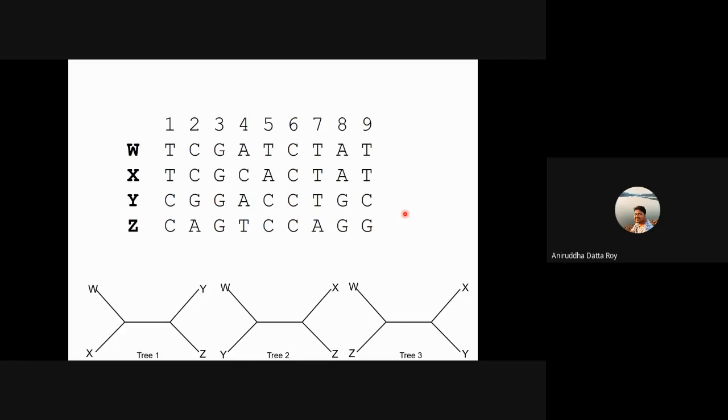So between yourselves, you can kind of segregate who takes which tree. And why don't you tell us how many evolutionary events there are in each tree in order to explain the current character distribution? Can we do that right now? I'm going to leave the screen on so that you can see the data. So you decide which tree you want to work on, and then start mapping the changes.